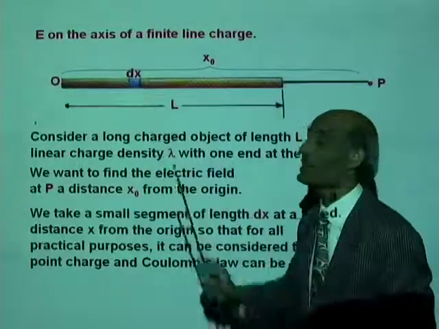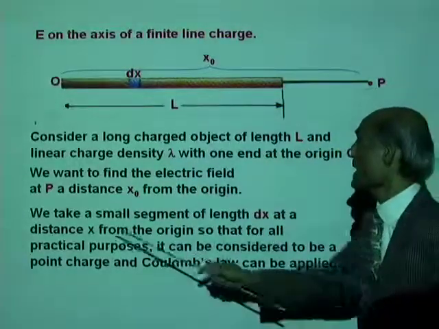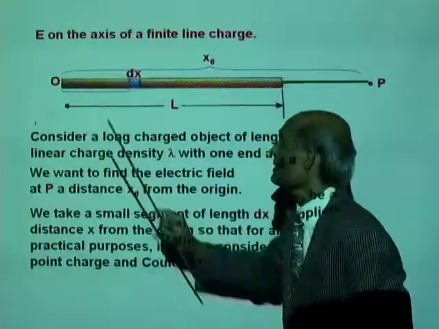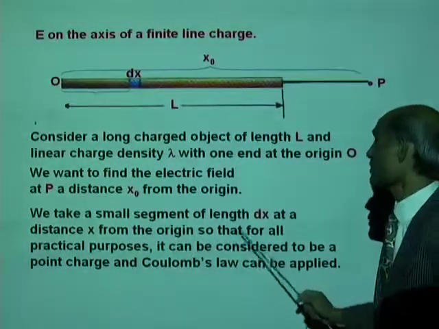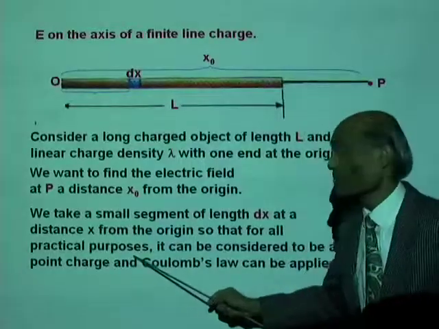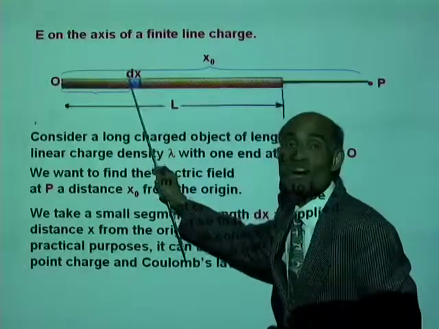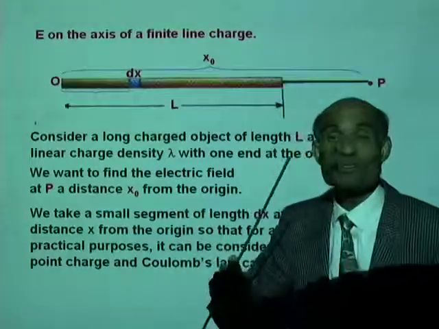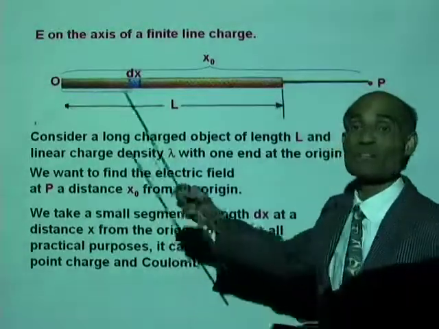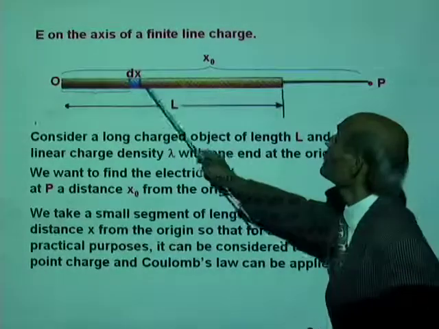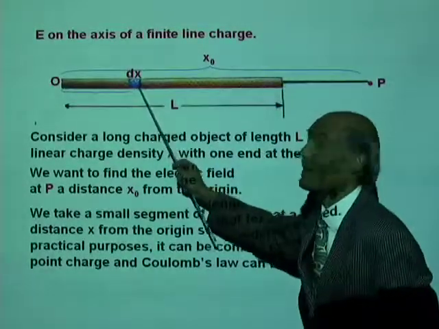This is the small segment of length dx at a distance x from the origin. So that is the distance x. Now, so that for all practical purposes it can be considered to be a point charge, and we can now use the point charge equation. We can now find the electric field at P due to this point charge.